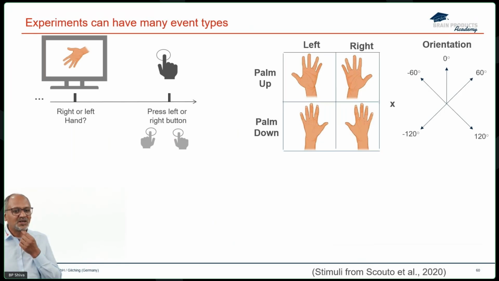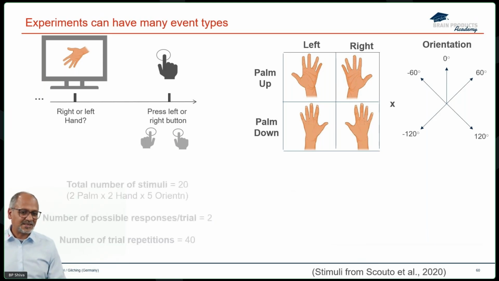So to give you a little example, experiments can have many event types. Here's a laterality task again, just because it's a convenient one. Participants see a picture of a hand and have to decide if it's right or left. So there are 4 possible hand positions: palm up, palm down, left, right, and 5 possible orientations.